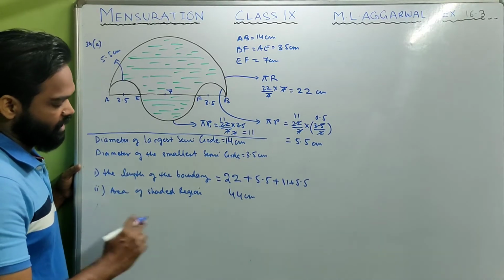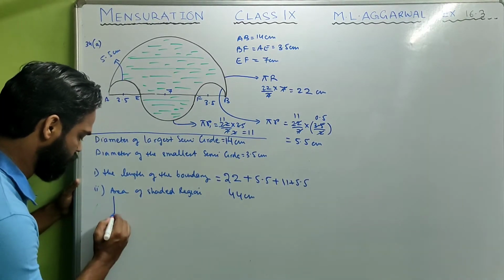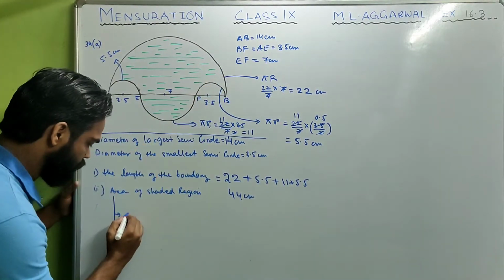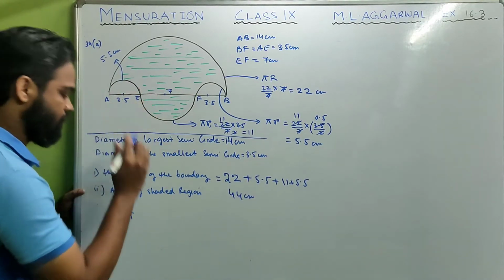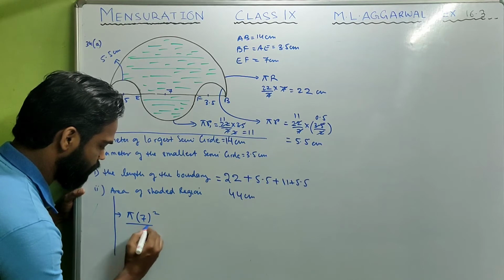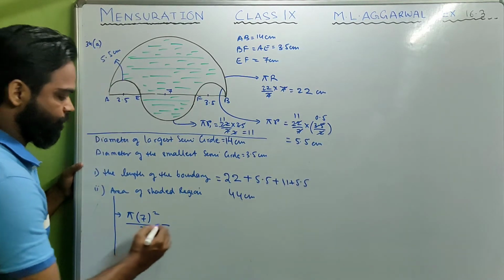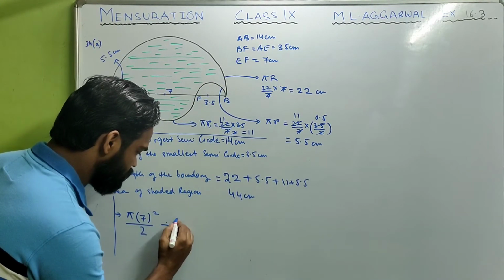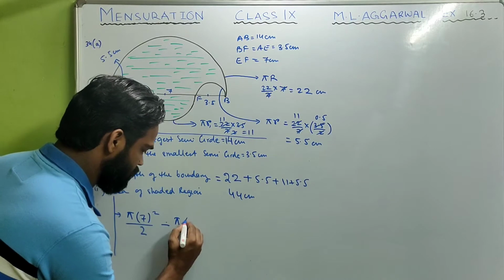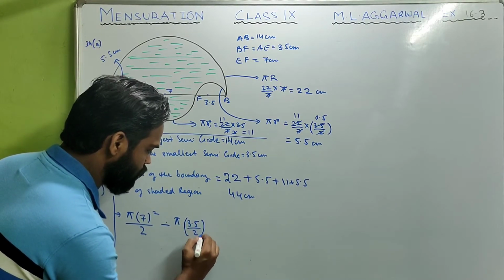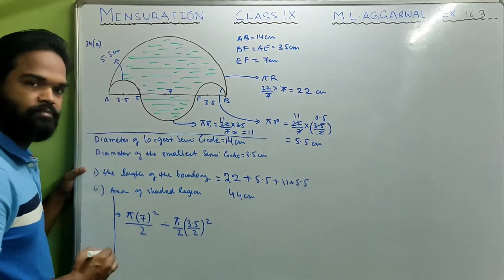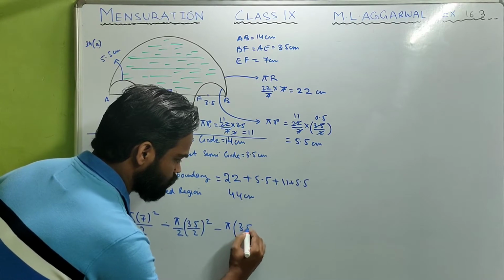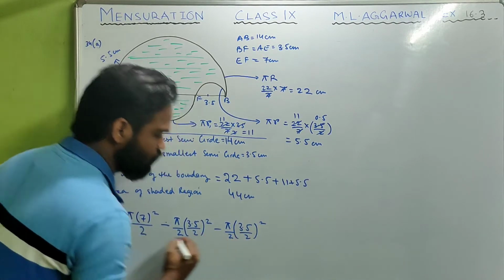Now they are talking about the area of the shaded region. Now the area of the shaded region, if you look carefully, will be the area of the largest semicircle, which is pi r square by 2, r is 7, minus the area of this semicircular region, which is pi, and the radius is 3.5 by 2 whole square by 2, minus this region, again pi r square by 2.